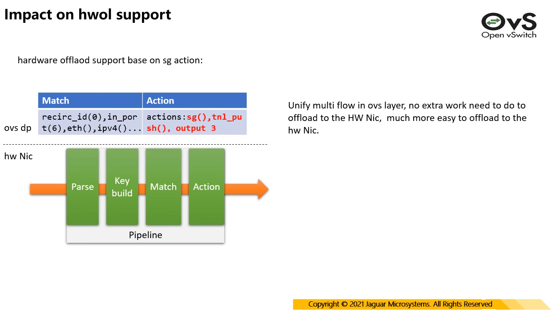And we can also benefit from the SG action design when trying to offload the datapath flow to the hardware NIC. Since the flow has been unified into one flow for each connection, and the flow contains all the match field and action field information, the hardware offloading support can be simplified. It's much easier to offload to the hardware NIC.